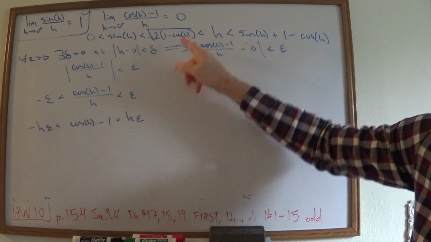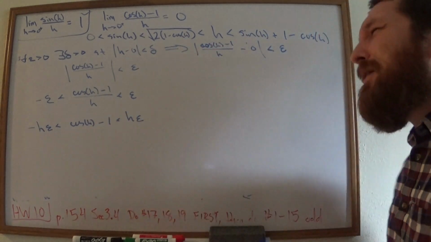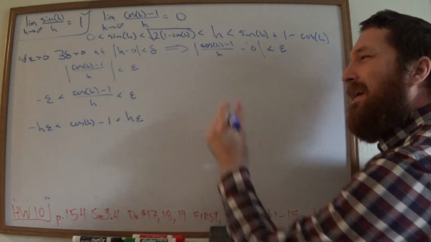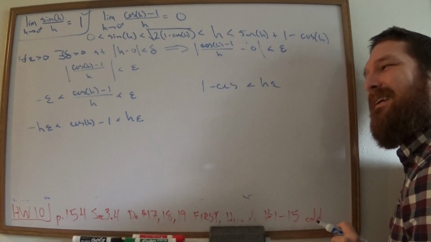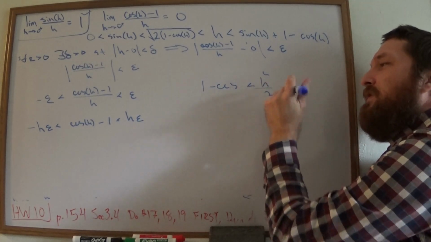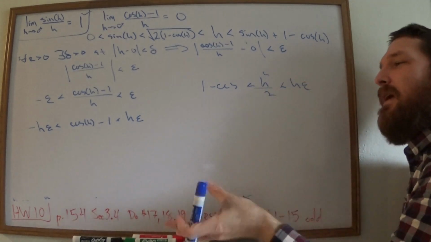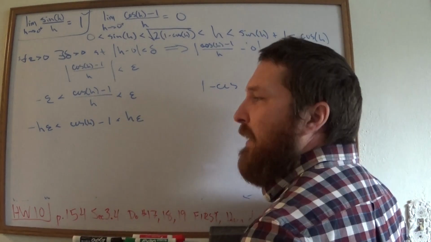Hey, look, we have a 1 minus cosine. And in fact, wasn't that one of the things that we showed? That 1 minus cosine was less than h squared over 2, which is less than h epsilon whenever h is really small. So let's multiply everybody through by -1.